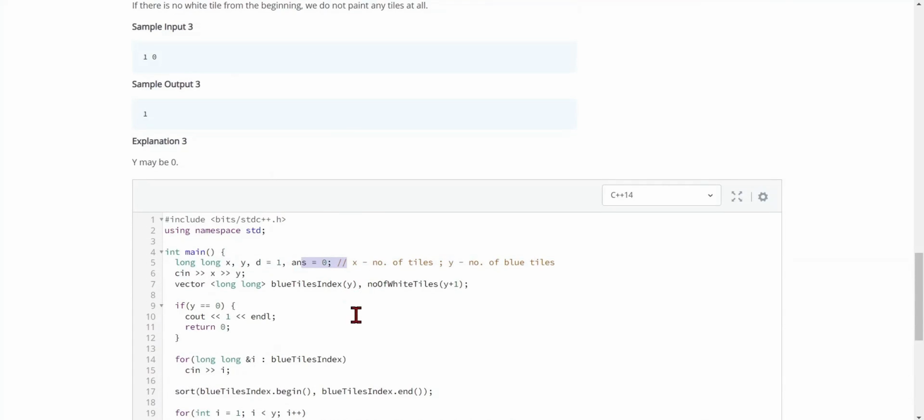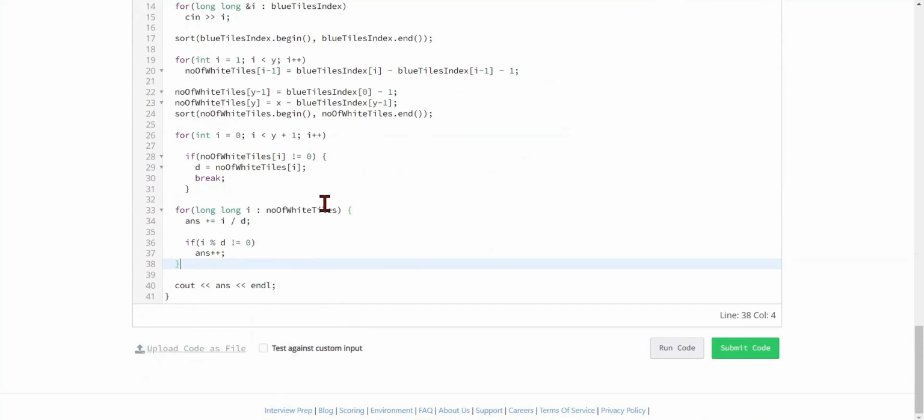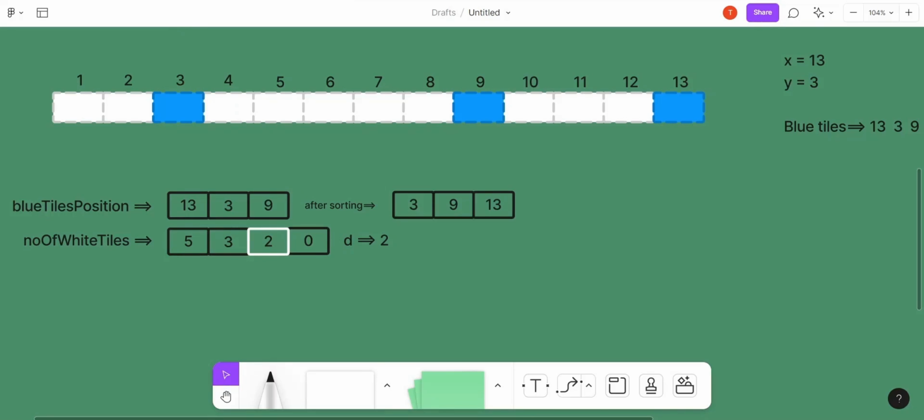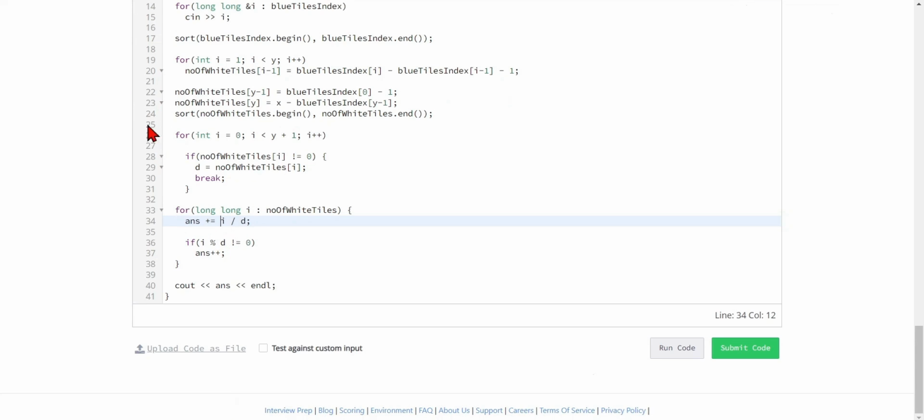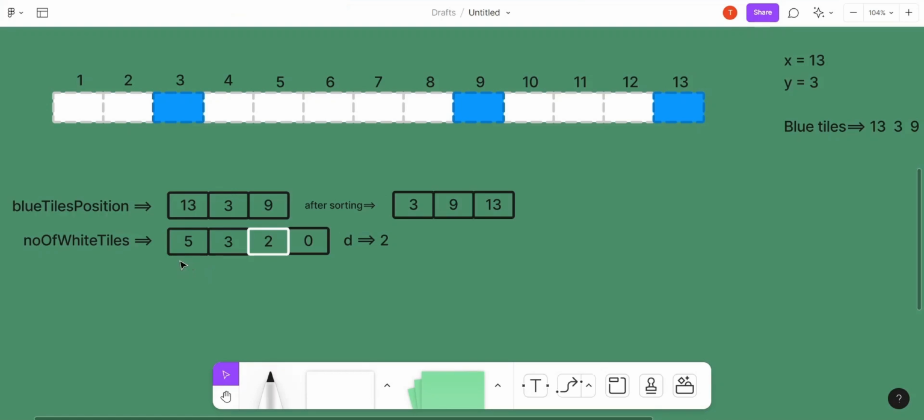You can see it here. Answer plus equals i, that is the element of number of white tiles, divided by D, that is 2 in this case. And if i mod D, that is the remainder, is not equal to 0, increment answer. Now let's consider this.